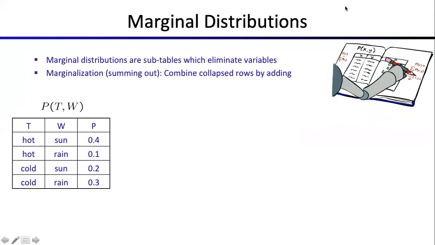Then you have this concept of marginal distributions, and marginal distributions would mean that जैसे मैंने पहले बात की कि आप sub tables यहाँ से generate कर सकते हैं, and you can eliminate some of the variables from your table. This is what the marginal distribution would mean.